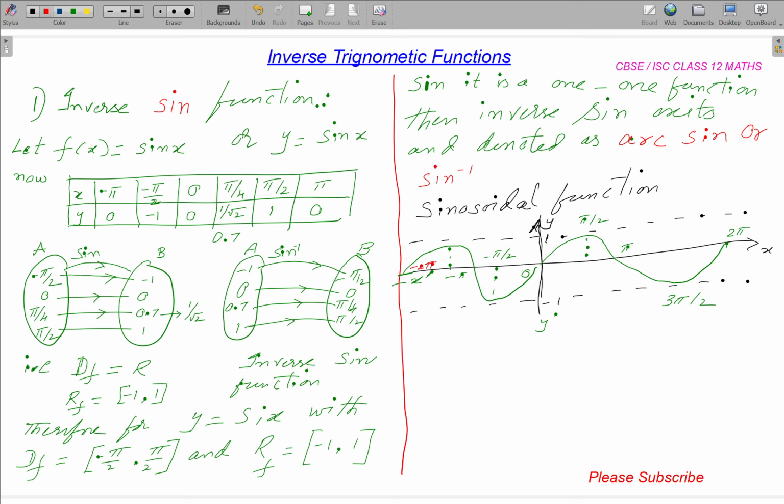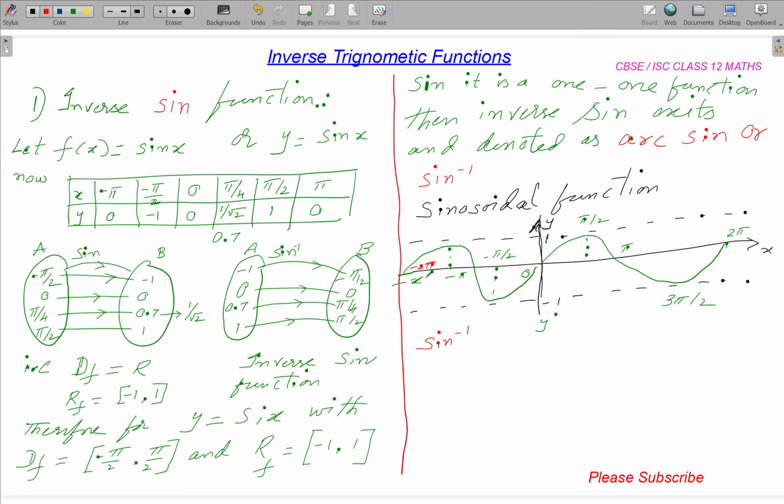Now for the sine inverse function, the values lie between minus 1 to 1, based on sine value.